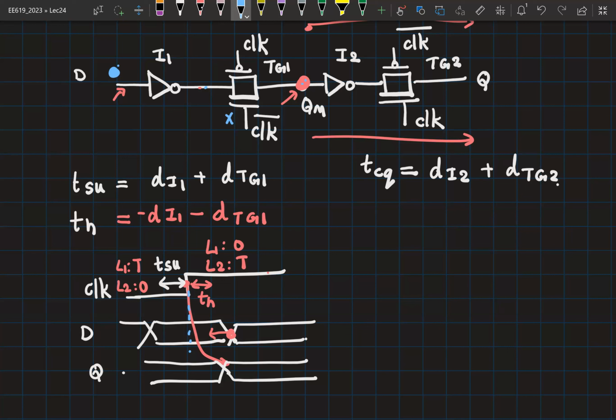As soon as you get the edge in the clock, the switch turning off is the assumption. Therefore, you can afford to have a change in data actually sometime before the clock edge. It still has to travel through the inverter and the transmission gate to corrupt QM. Therefore, the hold time is negative.